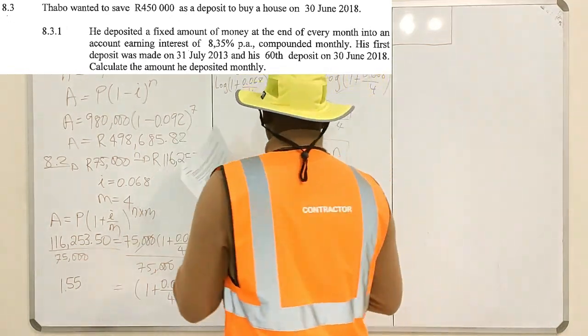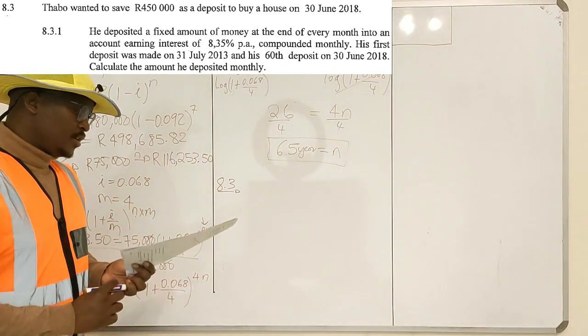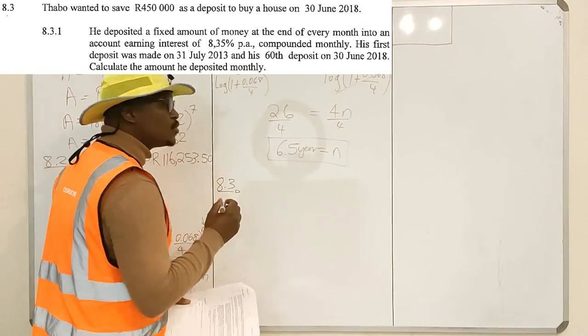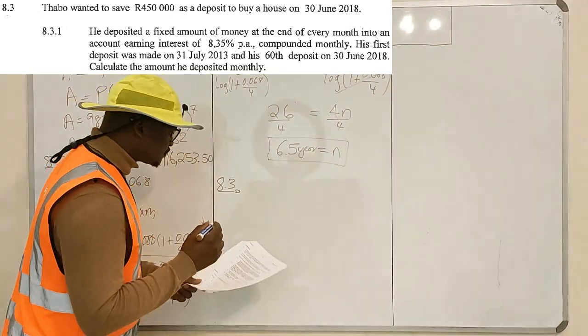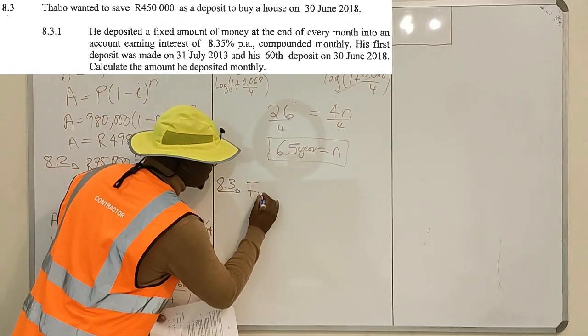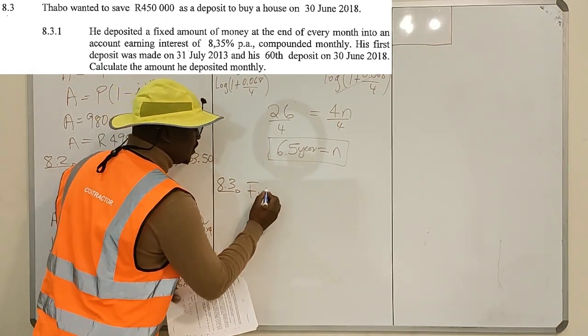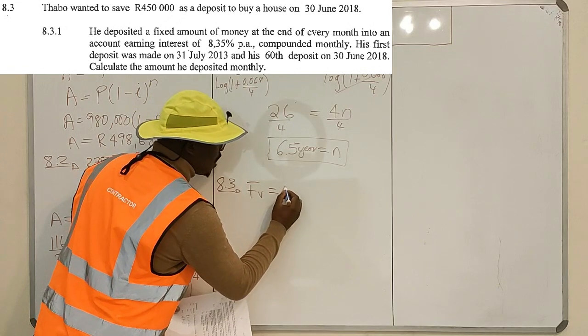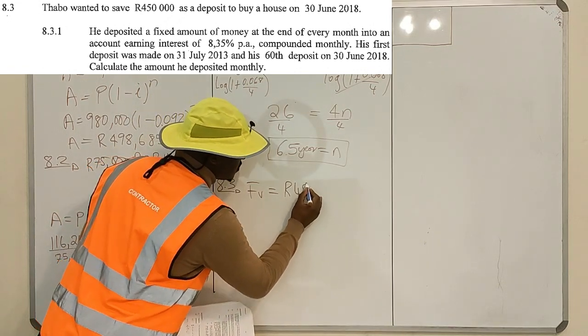So now, how do we do this? We know the future value of these savings is 450,000.